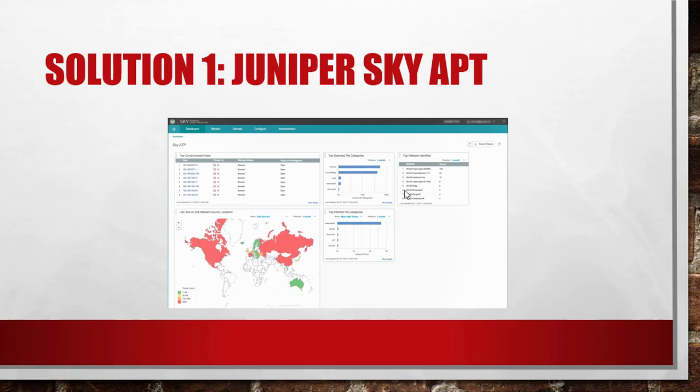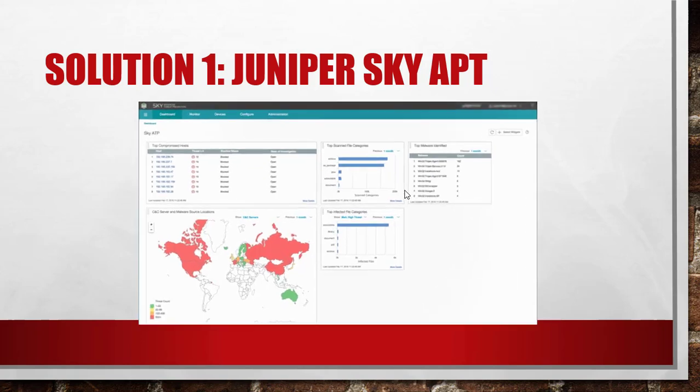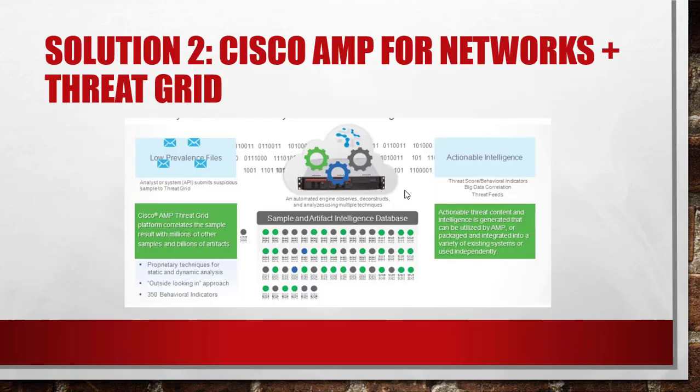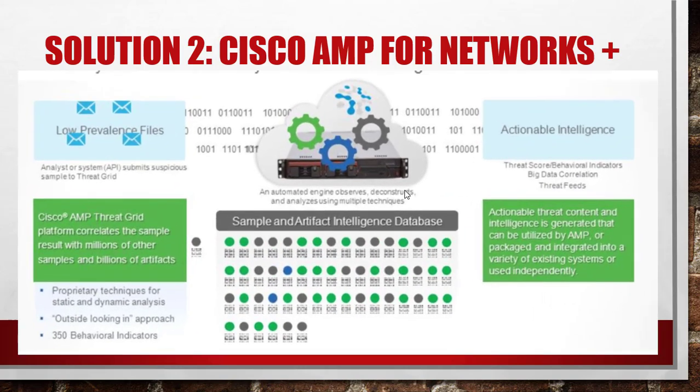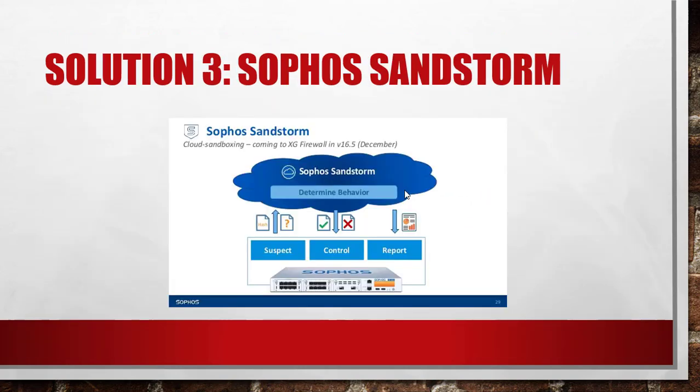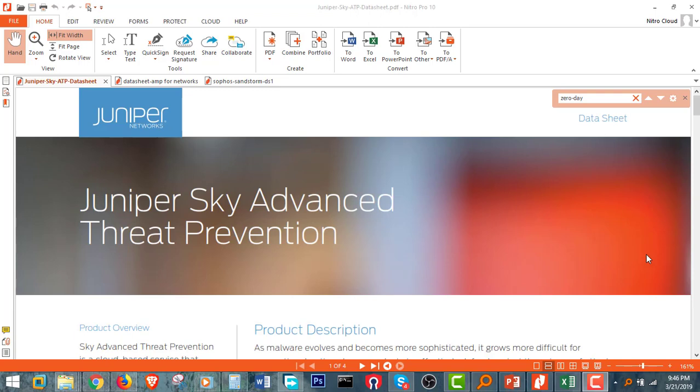From here, I'm going to show you solutions from Juniper Networks, Cisco, and Sophos. So right now we're going to jump into the three offerings from the cited security vendors.